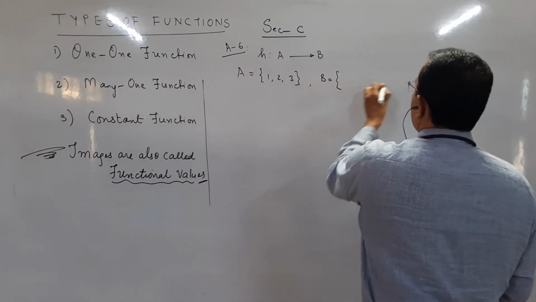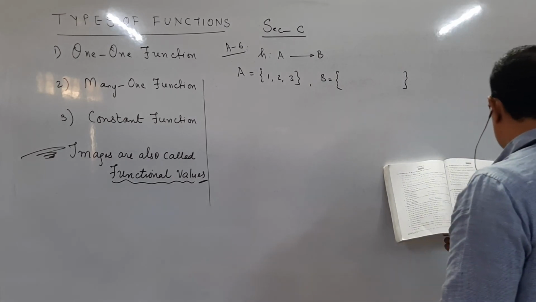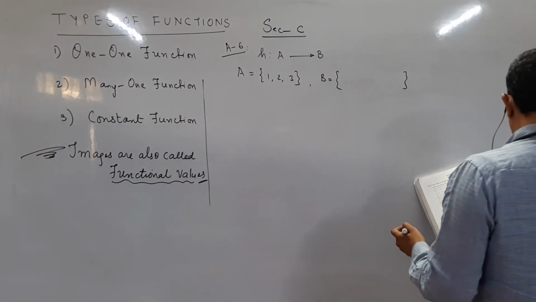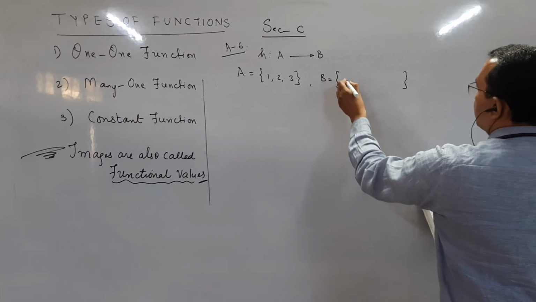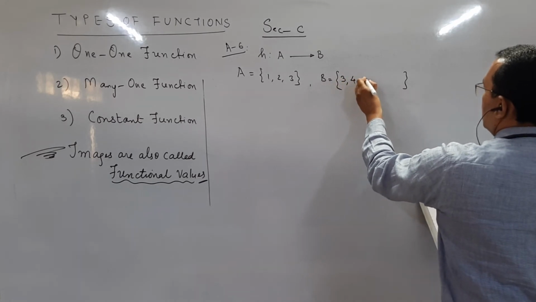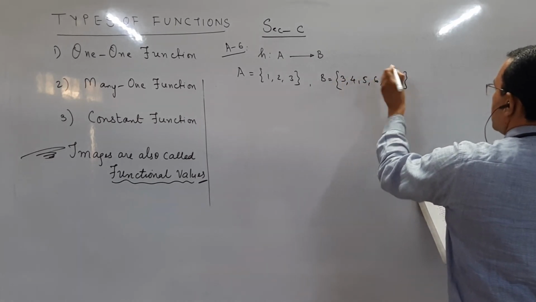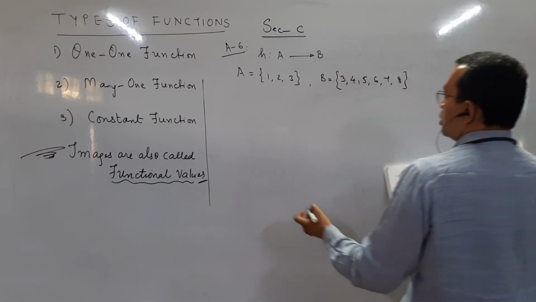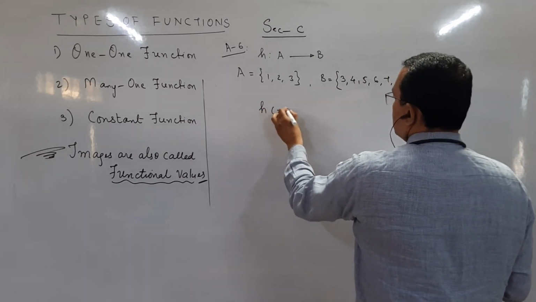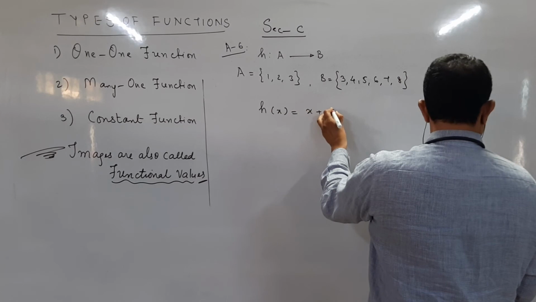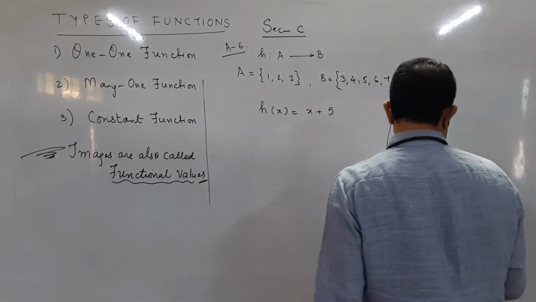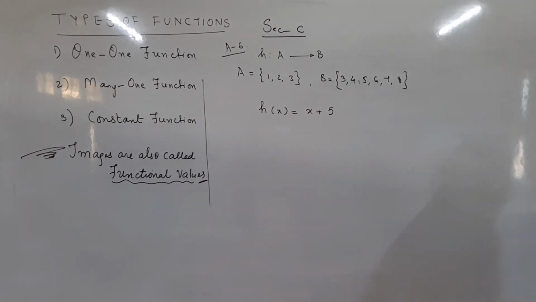And codomain is also given as 3, 4, 5, 6, 7, 8. Functional rule, h of x is equal to x plus 5. Again, we are to identify the type of function.